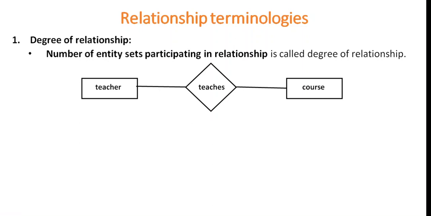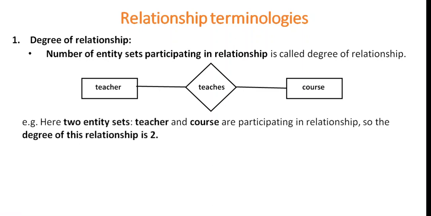In the teaches relationship, two entity sets, teacher and course, are participating. That's why the degree of this relationship is 2.